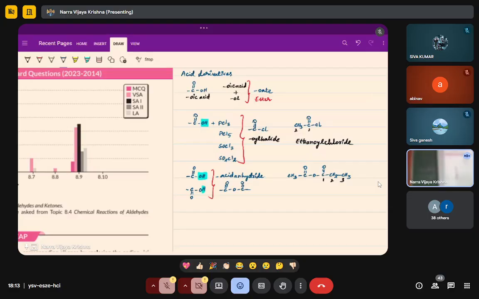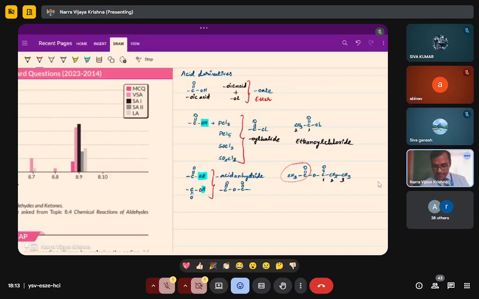Can I call it alkanoyl alkanoate? If I consider this group as a substituent, then it is like an ester only. If it is alkyl alkanoate, ester. If it is alkanoyl alkanoate, anhydride.